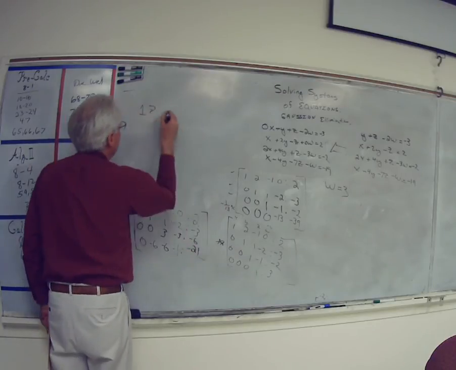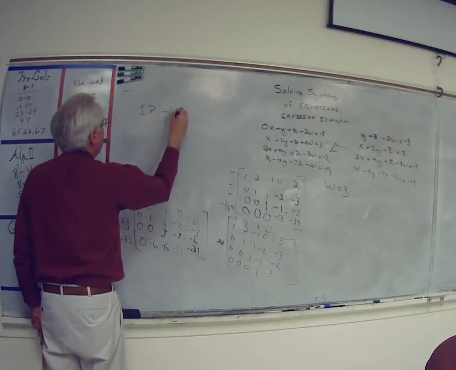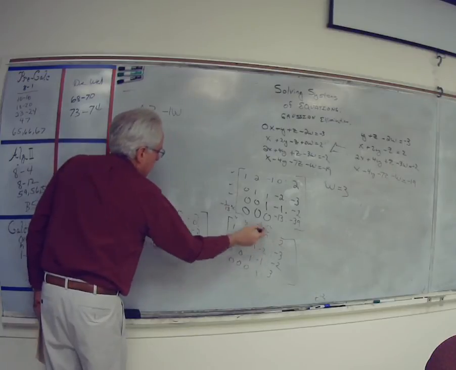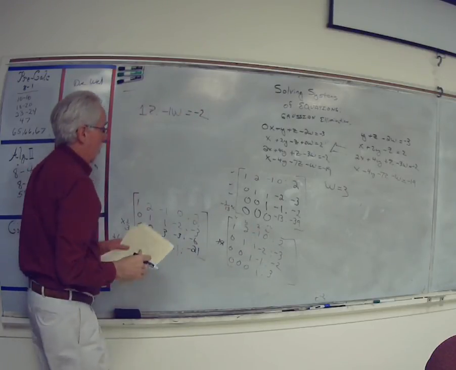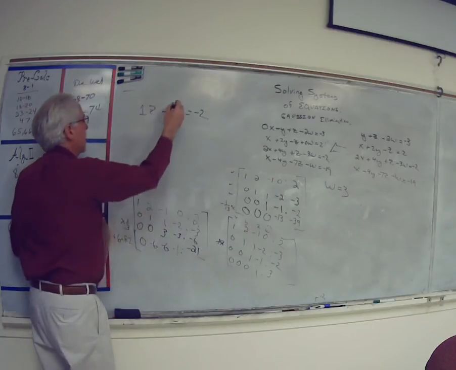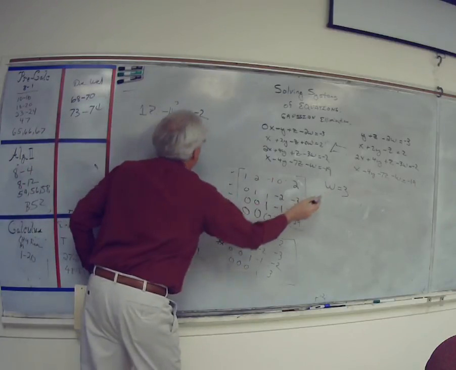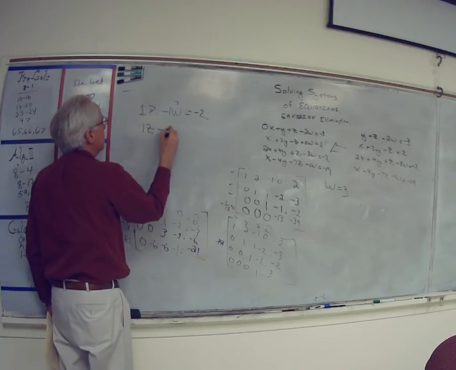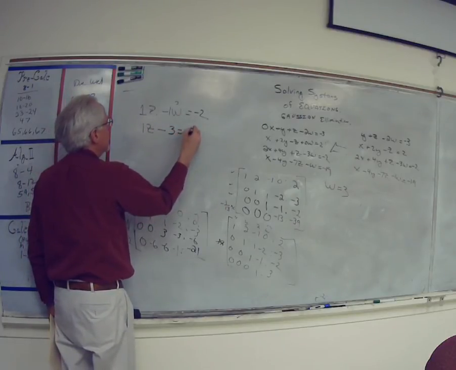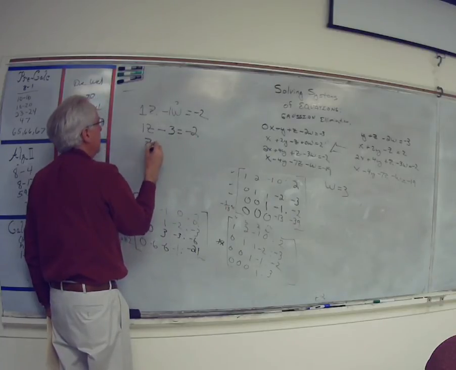It would be minus 1 times W. Minus 1 times W is equal to? Negative 2. And you know what W is. I know what W is, so I put in 3 for W because we already did that. So 1Z minus 1 times 3 is minus 3, is equal to minus 2. Z is equal to 1.